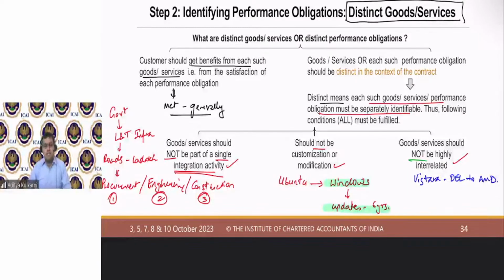Now, my question is, are these services highly interrelated or separate?